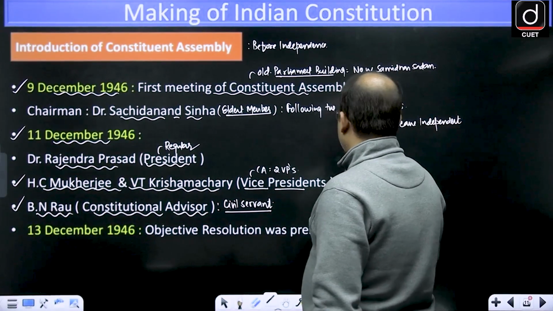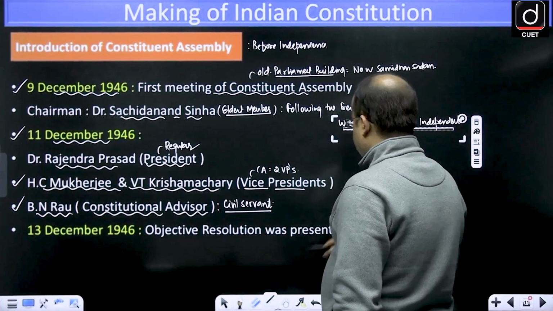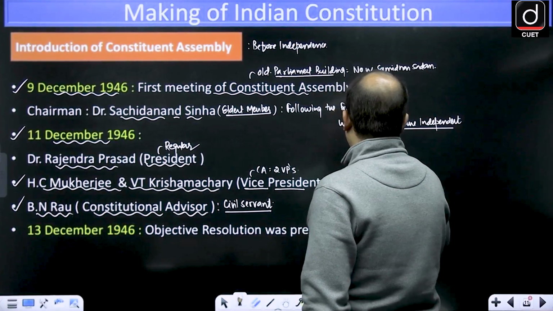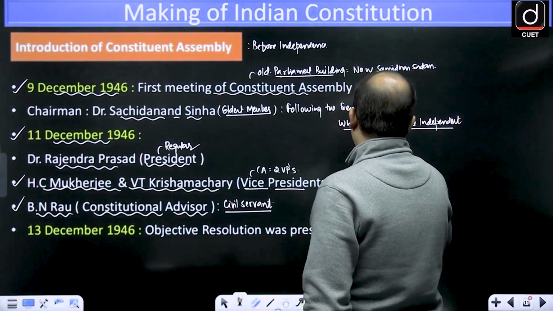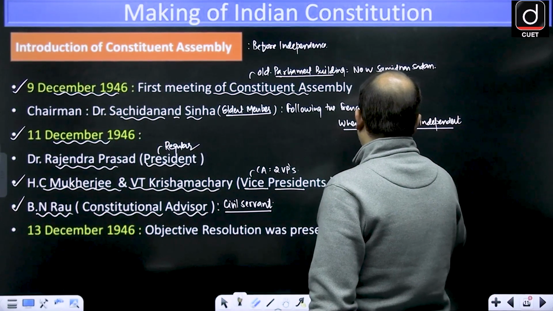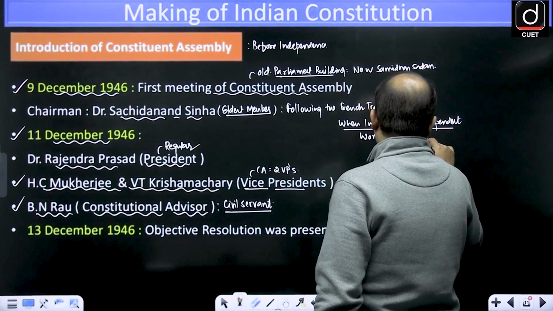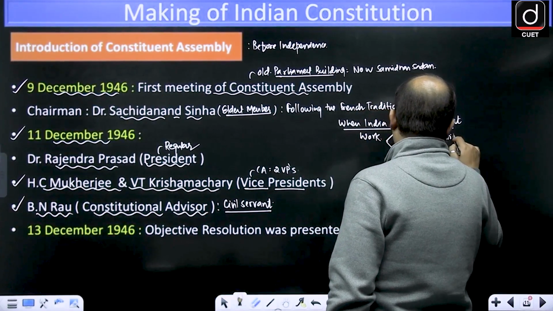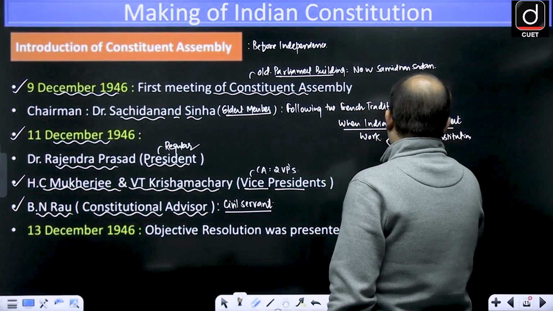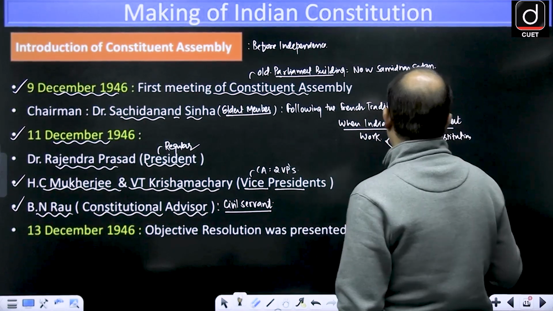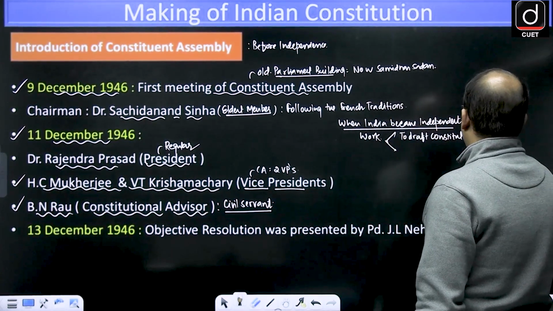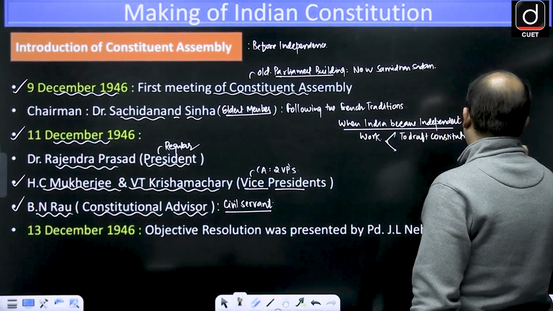Whenever the Constituent Assembly sat to draft the constitution, the chairman was Dr. Rajendra Prasad.